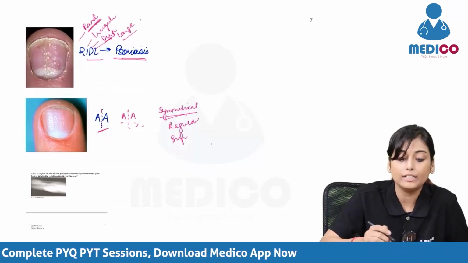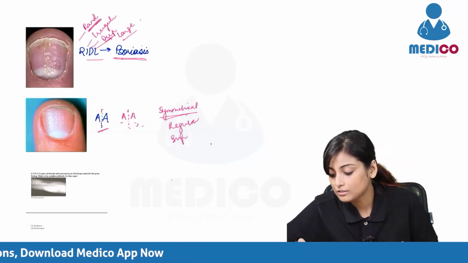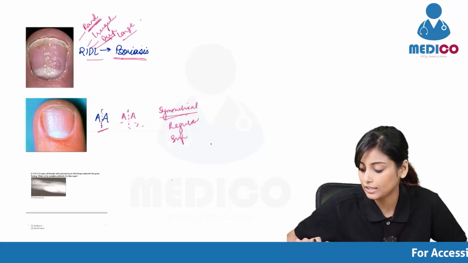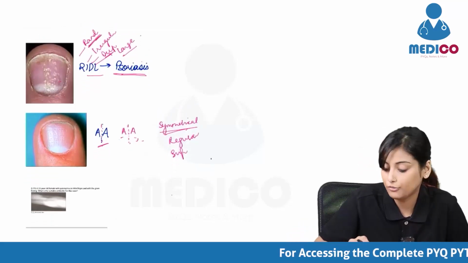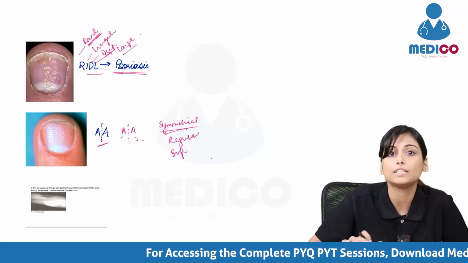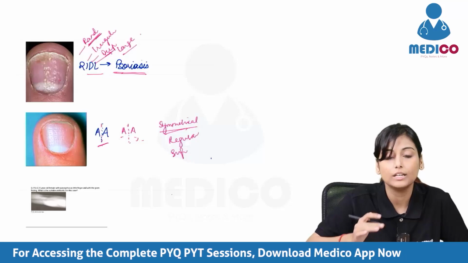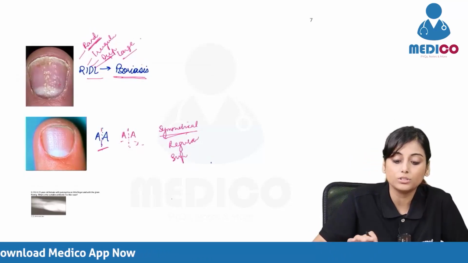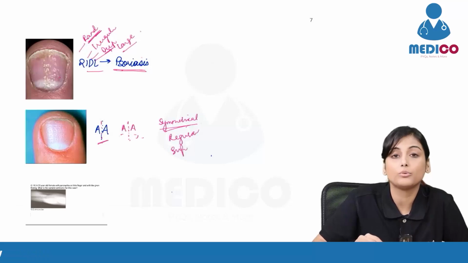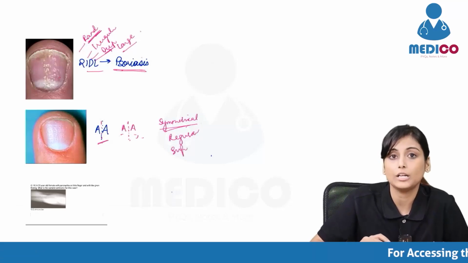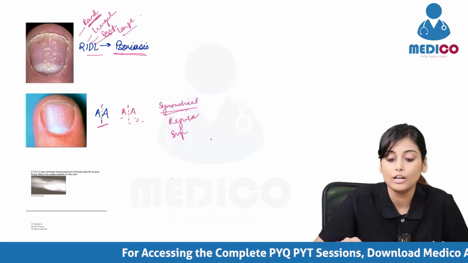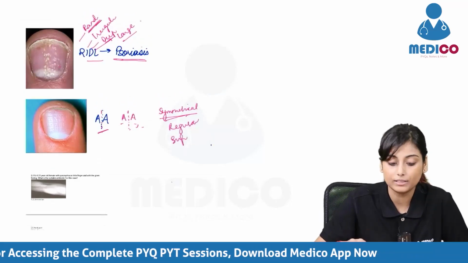Yes, as you're saying, Med World, you'll see plaques over the extensor surfaces in psoriasis. And as far as the mnemonic for the nails goes, psoriasis has random, irregular, deep, and large pits, whereas alopecia areata has symmetrical, regular, superficial, and small pits.